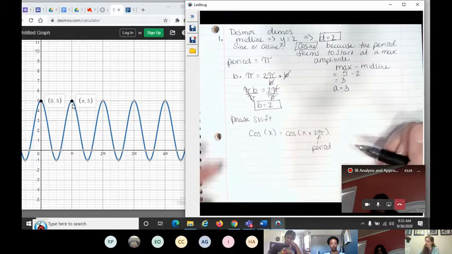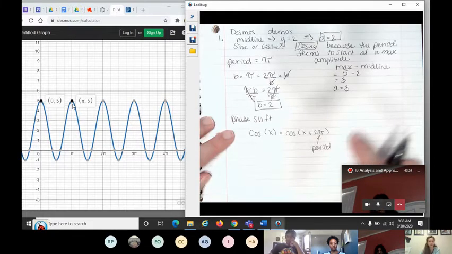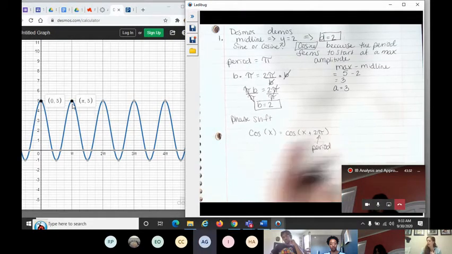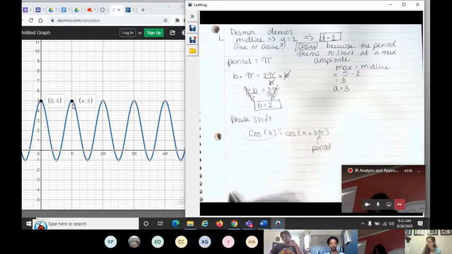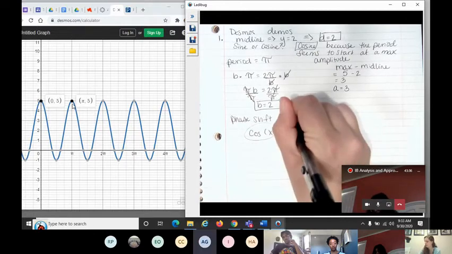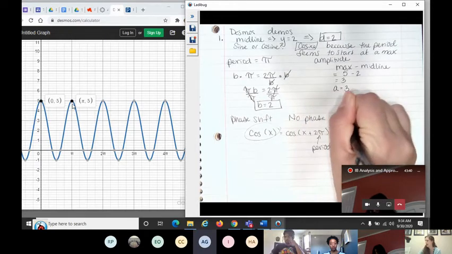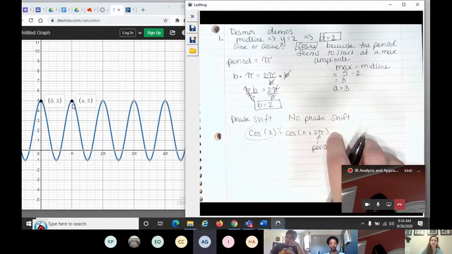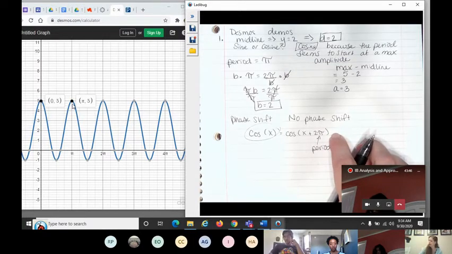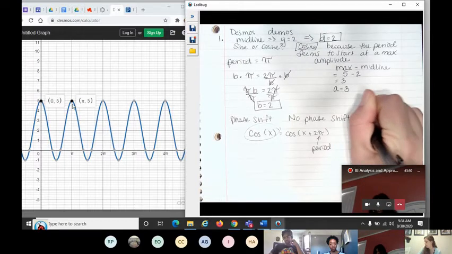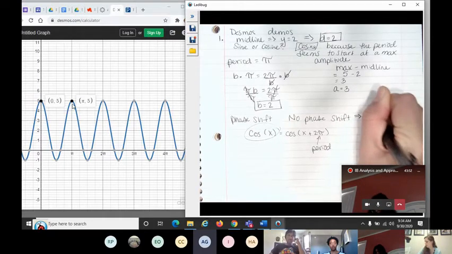This is a little property you can use when you're solving problems, right? But because this is true, we pick the smaller one. So we're going to say there's no phase shift. Okay, and this happens because it's a cosine function. It repeats itself over and over again. So this means that our C value is equal to 0.